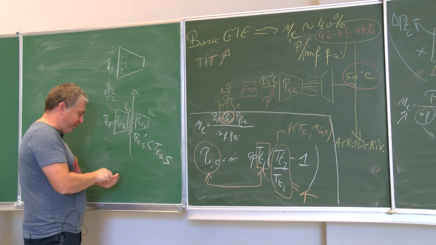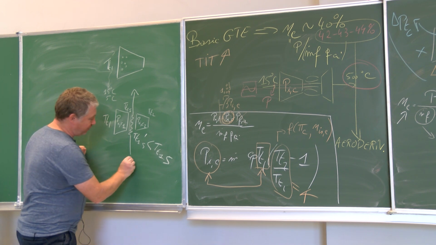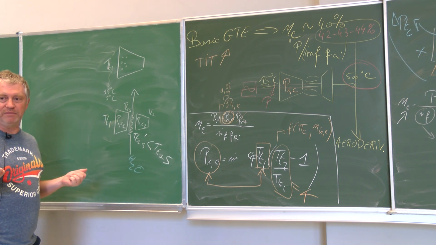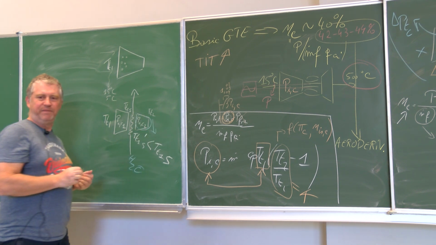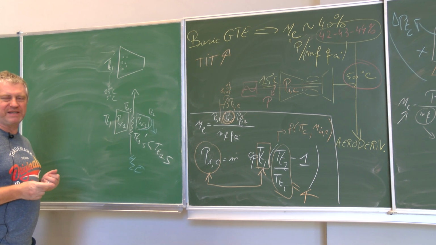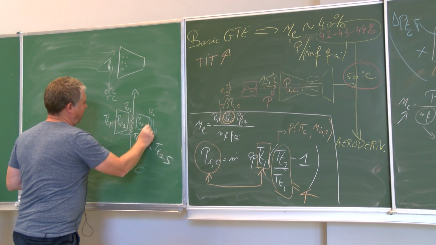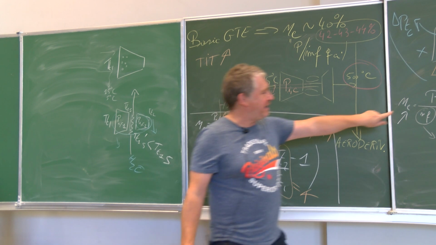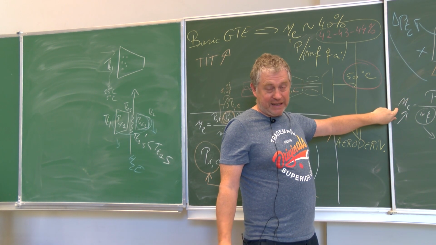By taking, for example, what is a very good way to do that, you take H2O from a river or from the sea. And like this, you will decrease this power absorbed by the second compressor. The total power of the two will also decrease, and that will make that this will increase and that will decrease.